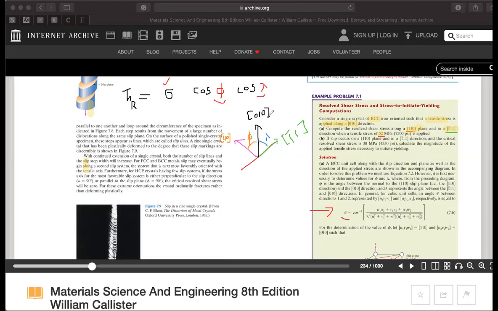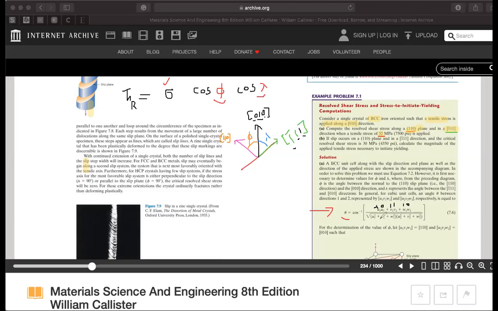Okay. Now I want to calculate the angle lambda, for example. In order to calculate lambda, I'm going to say minus 1 times 0, then 1 times 1, and then 1 times 0, so this times this.